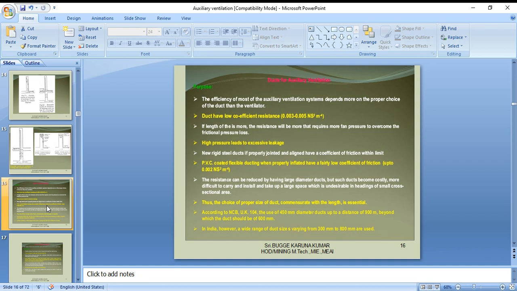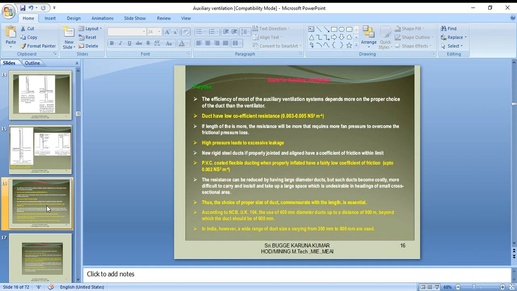When the coefficient of friction and the resistance are less, automatically the pressure will be more to reach the required quantity at the end point of the mine workings. If the length is more, the resistance will be more, which requires more fan pressure to overcome the frictional pressure loss.